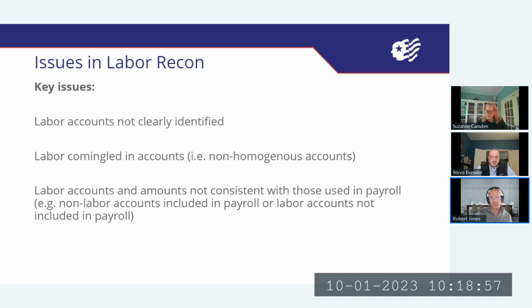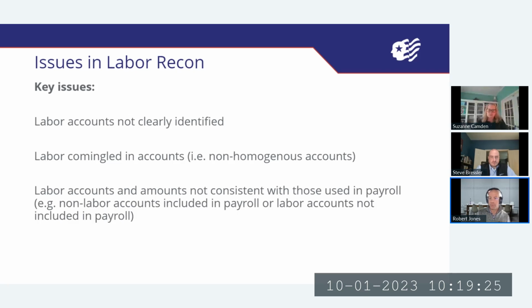Related to that, we often find that clients are commingling expenses in accounts, meaning that they no longer have a homogeneous account. Let me give you an example. We sometimes see that people will set up a training expense account, like in overhead. And what'll happen is that they'll put the cost of the training seminar or the training class in that account, and then they'll put the training labor expense in that account.